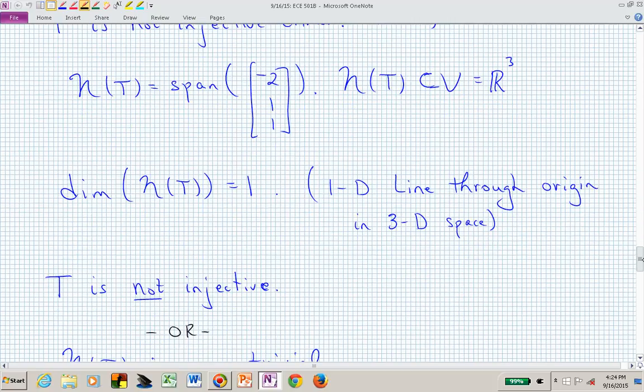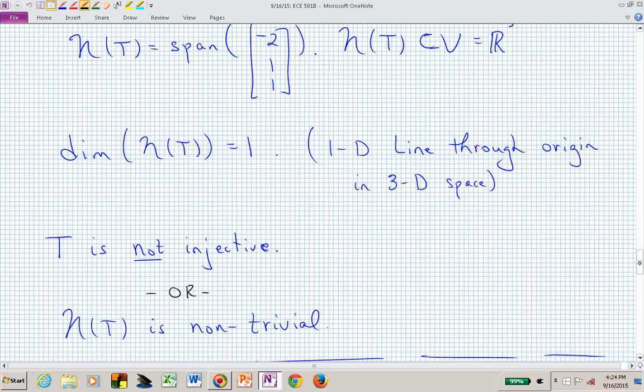So the dimension of our null space, I'll finish this and then I'll take your question. This is a one-dimensional line in a three-dimensional domain. And that then says that T, this linear map, is not injective and the null space is non-trivial. If the only thing in the null space was the 0 vector, then we would have an injective map.